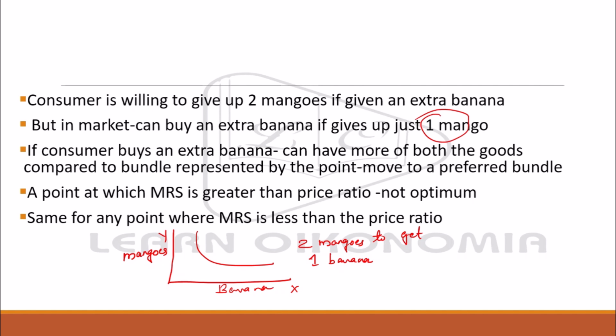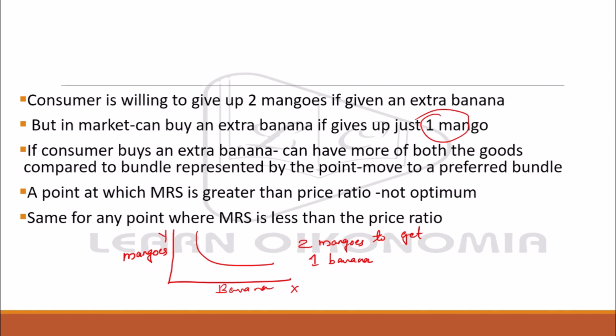So if a consumer buys an extra banana, this person will have more of both banana and mango compared to the bundle represented by the point that we have already considered. So he would be moving to the preferred bundle.